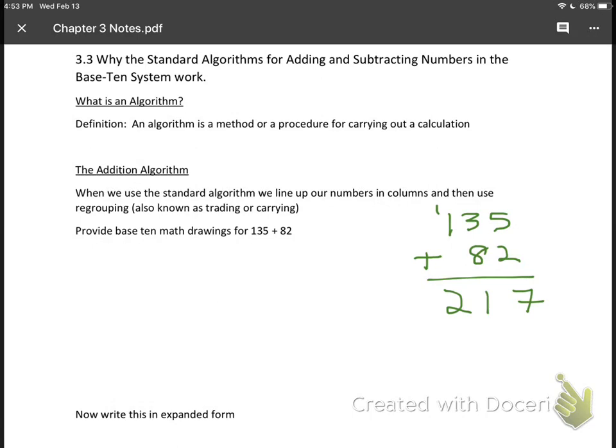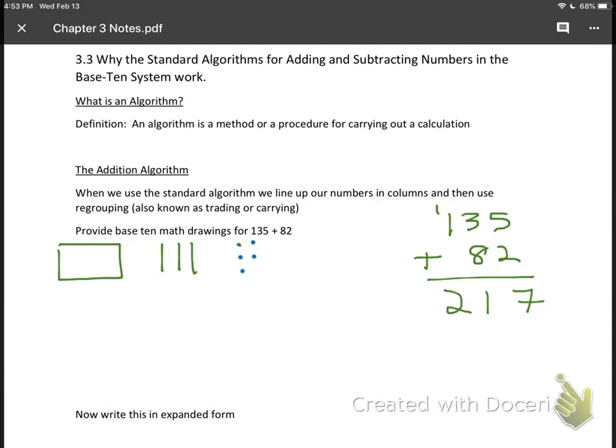First, I would have to write 135. I represent that as a group of 100, and then I would need 3 groups of 10, so let's make straight lines for 10s, and then 5, so I think I can do little dots with this. 1, 2, 3, 4, 5 little dots. Okay, so that's 135.